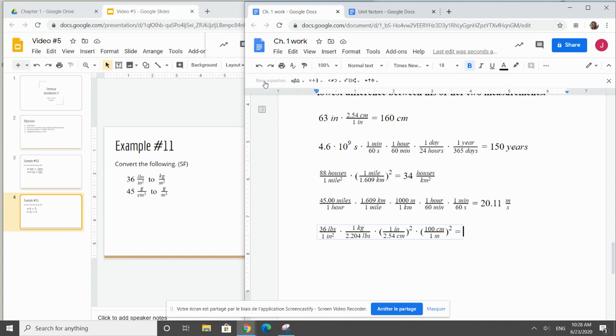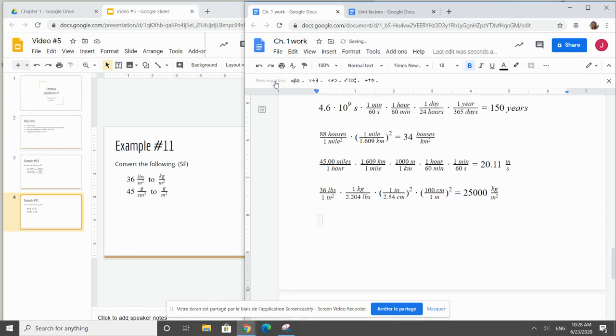So to make this two significant figures, I make this 25,000 kilograms per meter squared. Or I could have put it in scientific notation, 2.5 times 10 to the fourth. That also would have been fine.